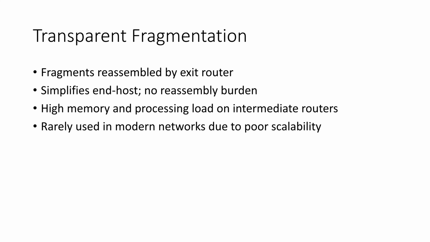Its biggest drawback, however, is poor scalability. As network speeds and traffic volumes increased, this extra overhead made transparent fragmentation impractical. And that is why most modern networks rely on non-transparent fragmentation.